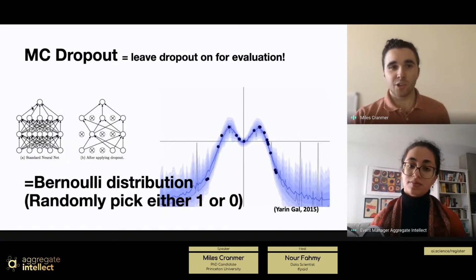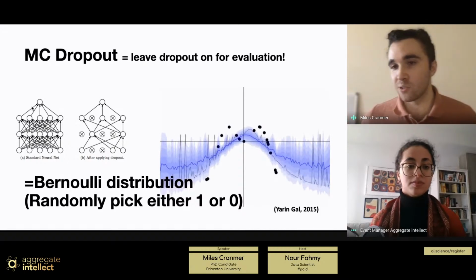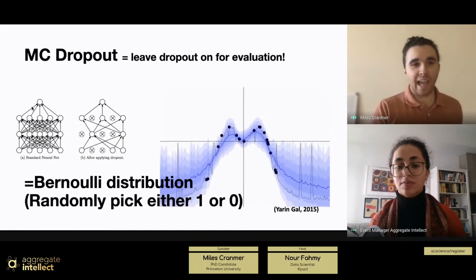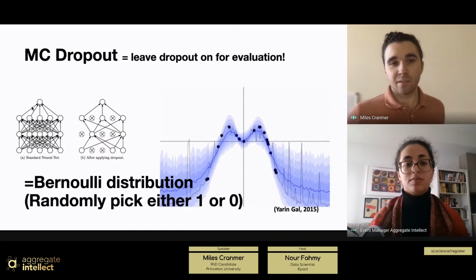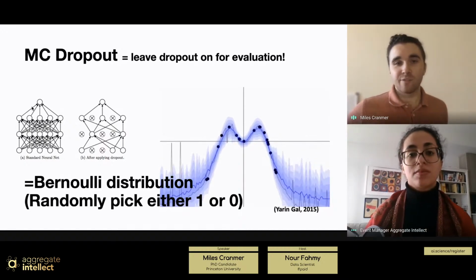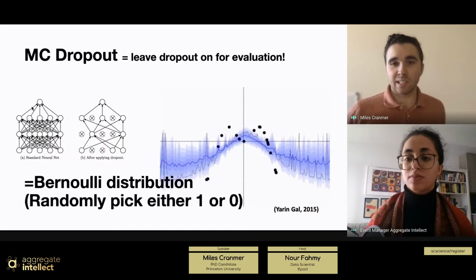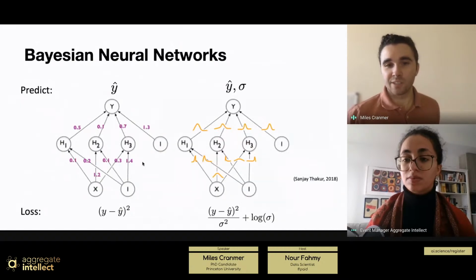You train with dropout, and when you're done training, you just leave dropout on. So you actually haven't changed your model at all. You can take any neural network that you train with dropout and just leave dropout on after training, and that basically gives you a Bayesian neural network. You do have to change your loss function.